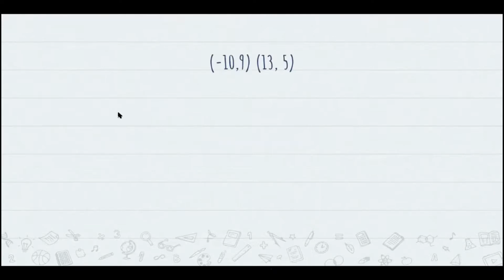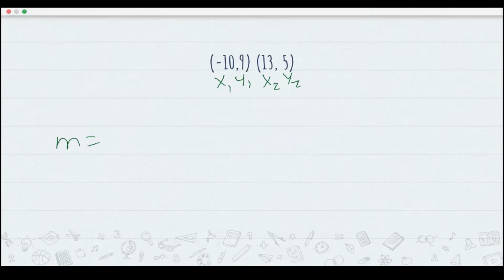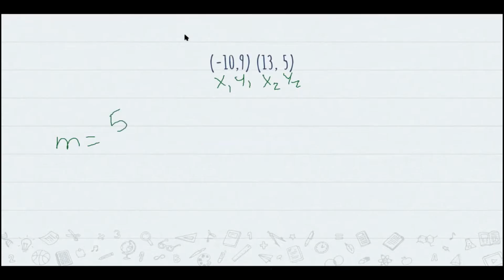First, again, we have to find our slope. Our formula to find slope is y2 minus y1 over x2 minus x1, which is 5 take away 9 over 13 take away negative 10.